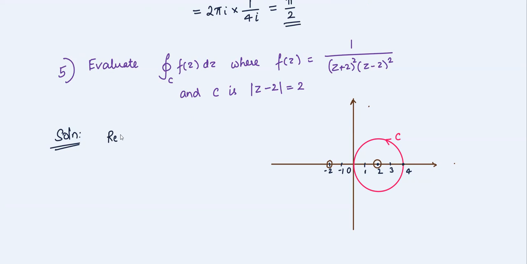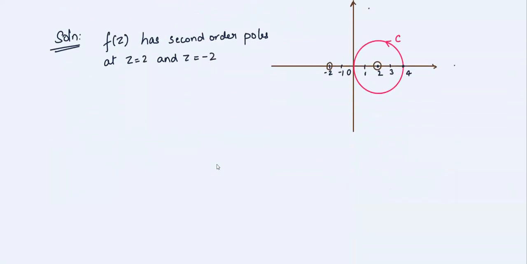F of z has second order poles at z equal to 2 and z equal to minus 2. But of these, we need to find the residue at z equal to 2 only.